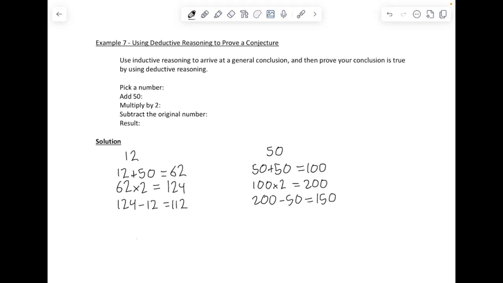Okay, based off of these two results, we can form a conjecture. And a reasonable conjecture would be that the final answer is 100 more than the original number.